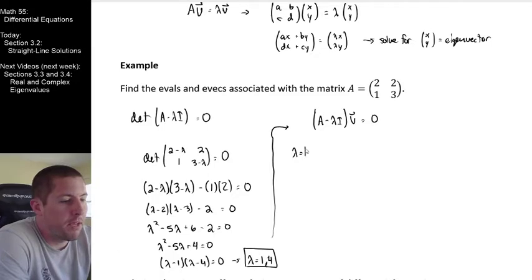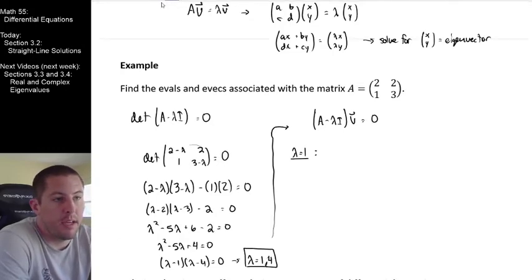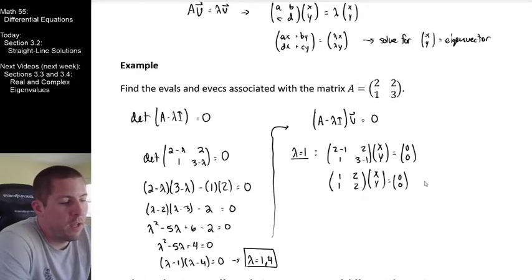So for lambda equal to 1, notice here this is our A minus lambda I. It's really like I'm just plugging 1 into the matrix that we've got right here. So I'm going to get [2 minus 1, 2; 1, 3 minus 1] times some vector that we're interested in, x, y, which should be equal to our 0, 0 vector. A little simplification shows me this is [1, 2; 1, 2] times x, y equals 0, 0.